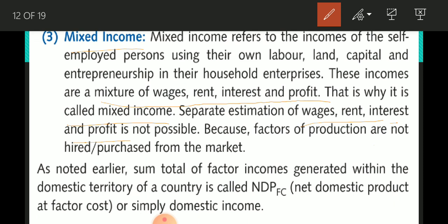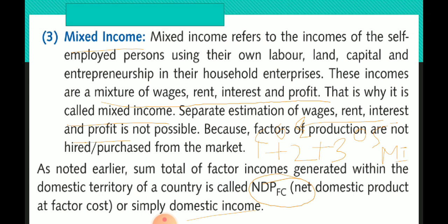Now when we add 1 plus 2 plus 3, means COE plus OS plus mixed income, we get NDP-FC, which is considered as domestic income.